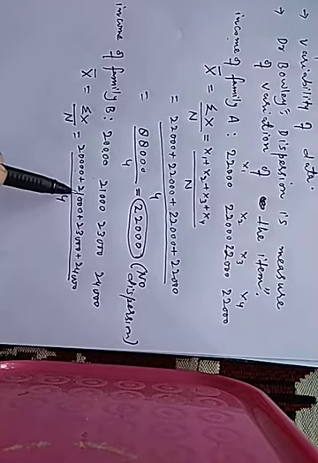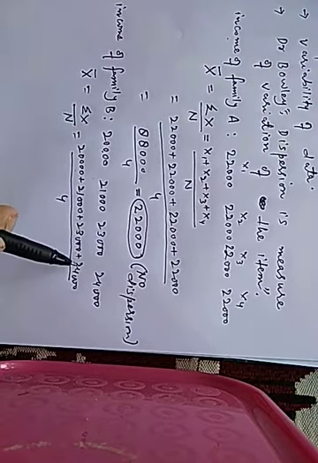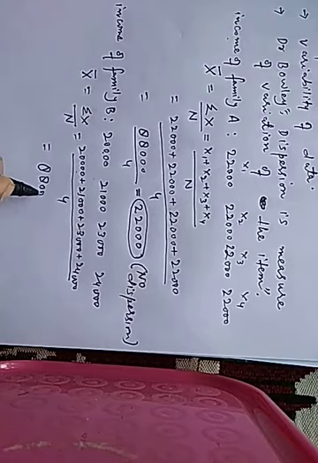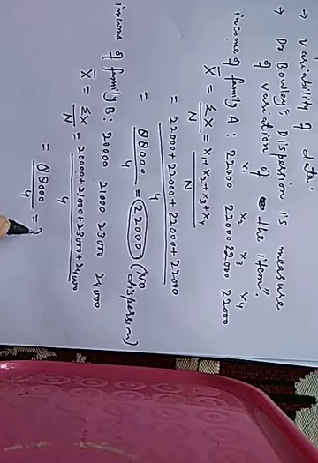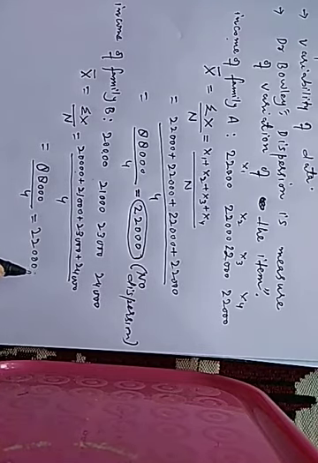This will be equal to 88,000 divided by 4, which is 22,000.